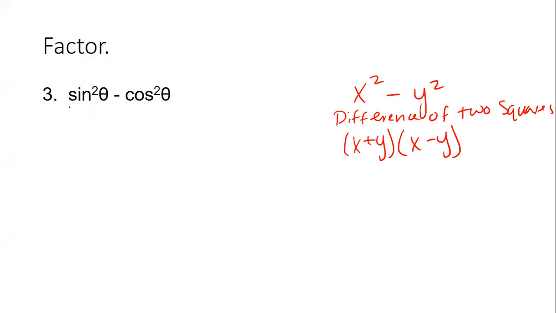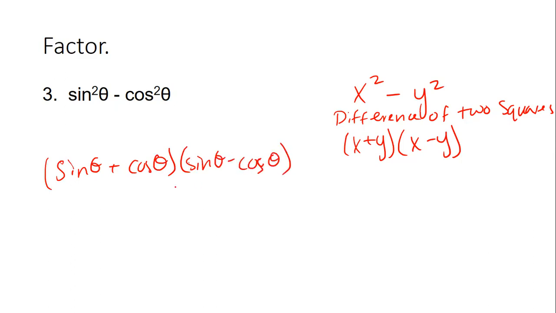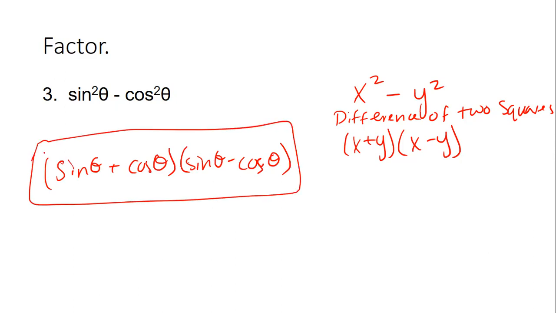So in this case, am I subtracting two perfect squares? Yeah, so it's going to factor out to be sine theta plus cosine theta times sine theta minus cosine theta. I meant to change colors and pens, but I didn't, sorry. Okay, and that's following our factoring rules, difference of two squares.